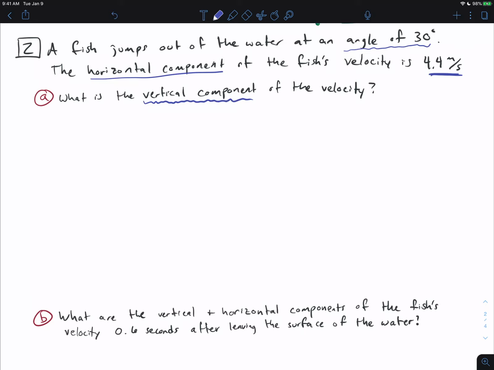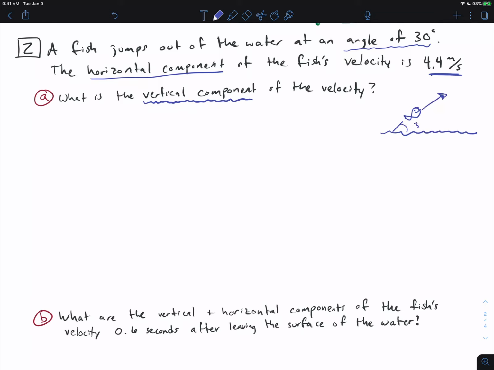So as always, first step, a really good thing to do on the side so we make sure that we know what is going on and we can visualize this. We have a fish, that's a fish, okay? And it jumps out of the water at a certain angle, right?